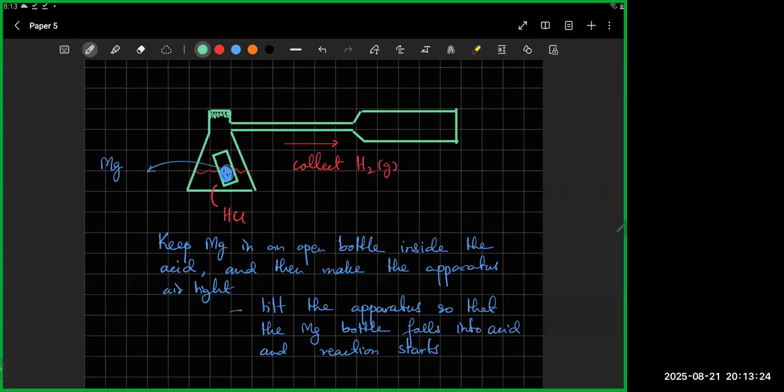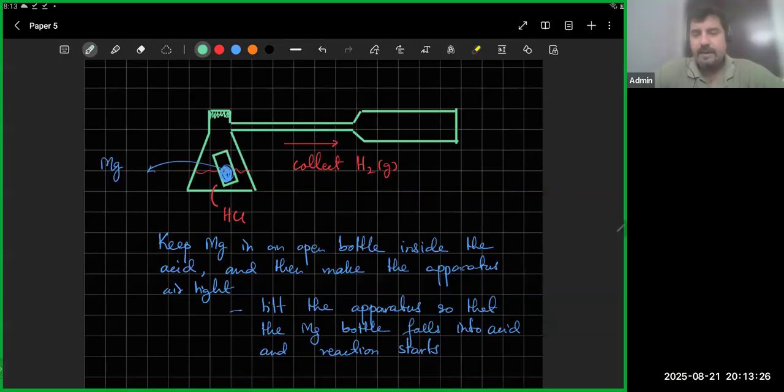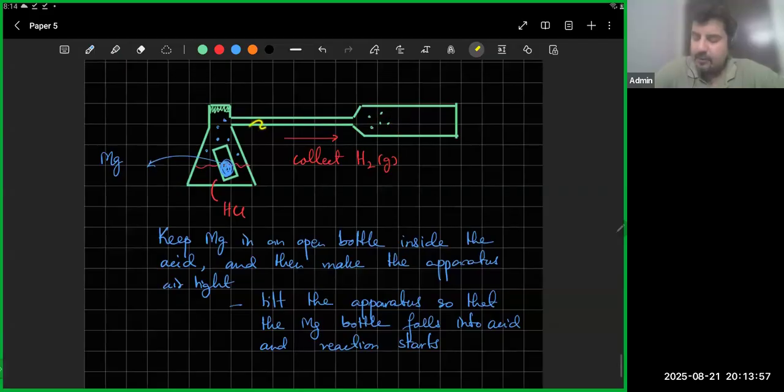So now the next thing is you also have to remember that the first particles of gas that are eventually collected in this gas syringe are not actually going to be hydrogen gas. Because remember, hydrogen gas is going to be produced in the conical flask over here. It's going to take some time to move through the delivery tube, and then it's going to start filling up the syringe at the other side. But there's already going to be air in the delivery tube. There's going to be air over here as well.